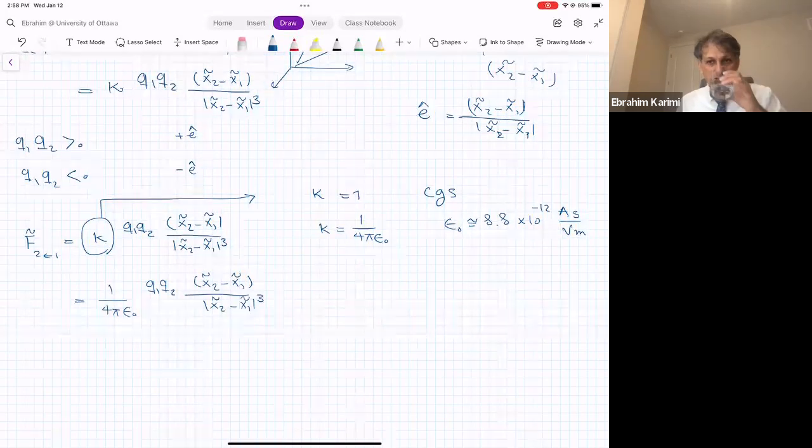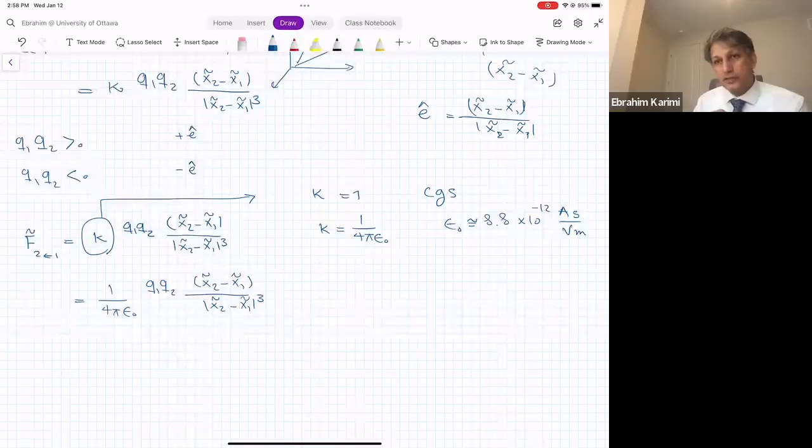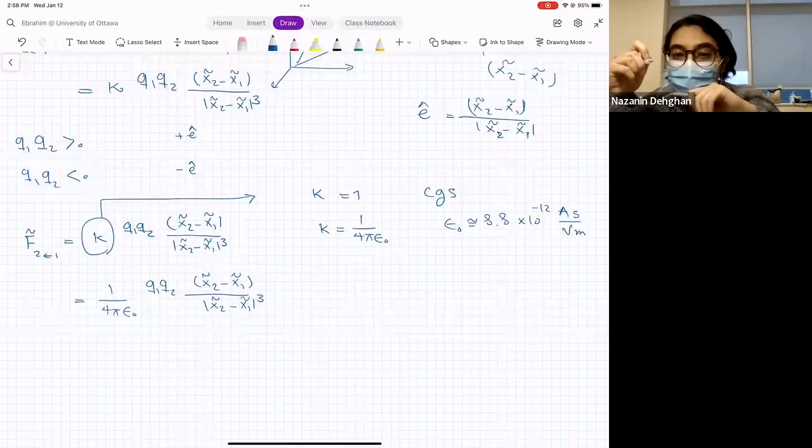Any questions so far? Sorry, it might be a silly question, but do they determine the K experimentally, or is it derived? Yes, indeed, that's an experimental value. When you write it in terms of pi and epsilon naught, it looks as if we derived it, because it's a very specific value in terms of these.